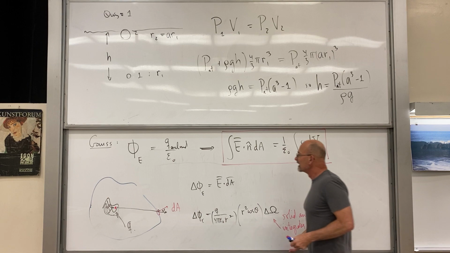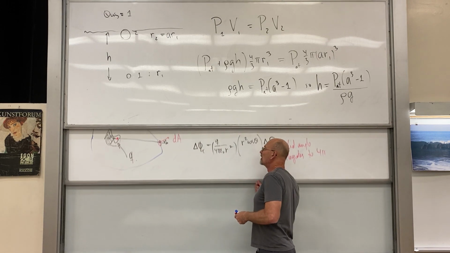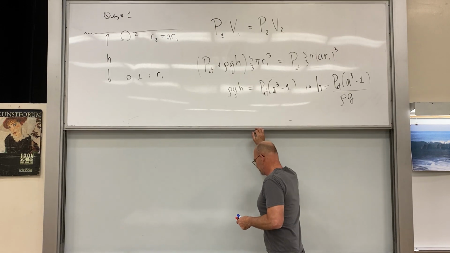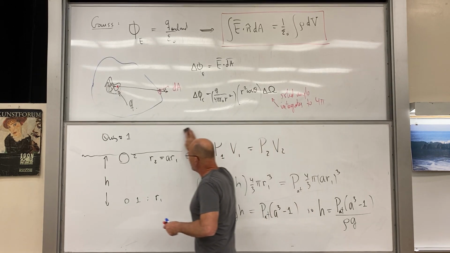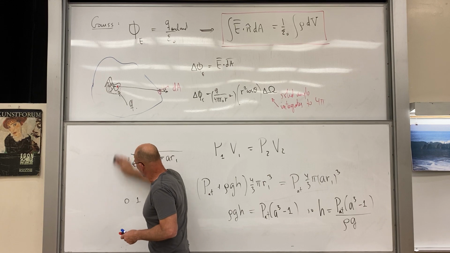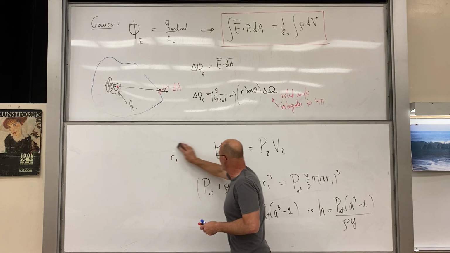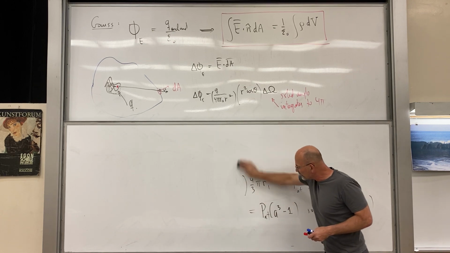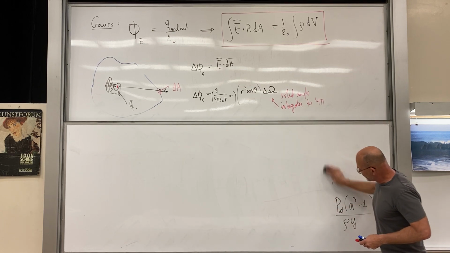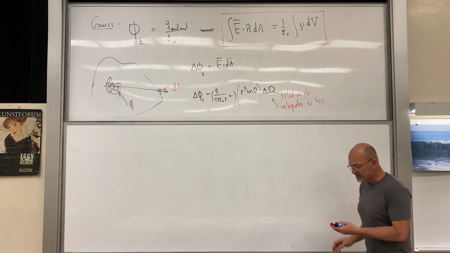Okay, so let's look at an example or two. So I will review the uniform spherical problem, or let's say I'll just review its result, and then we'll go into some other symmetries.